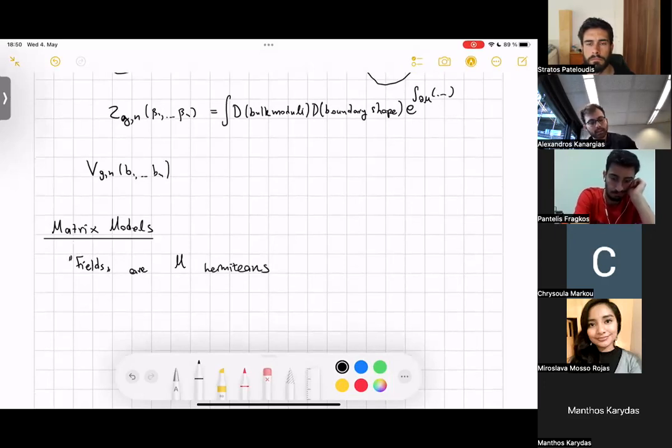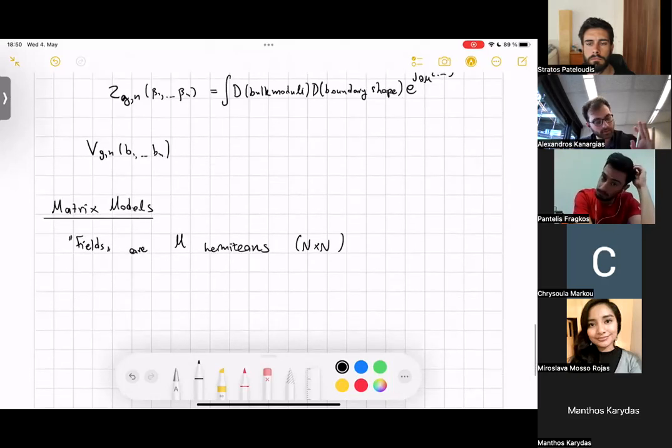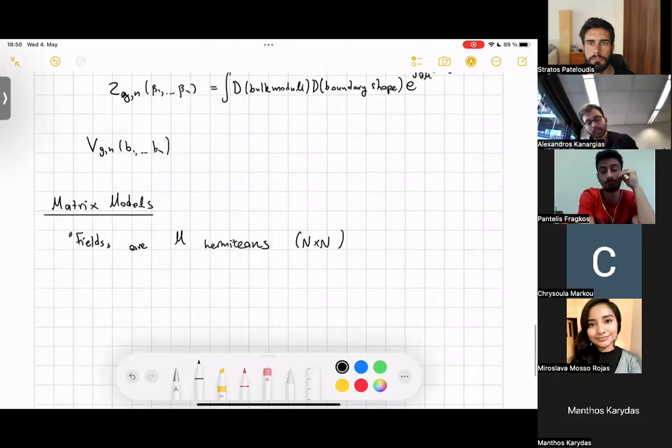So this is just n by n matrices, where n is not related to any n here. Just pick matrices of some dimension, and they do not depend on any coordinates or any spacetime. They're just matrices. So I have M_ij, where i, j goes from 1 to n.